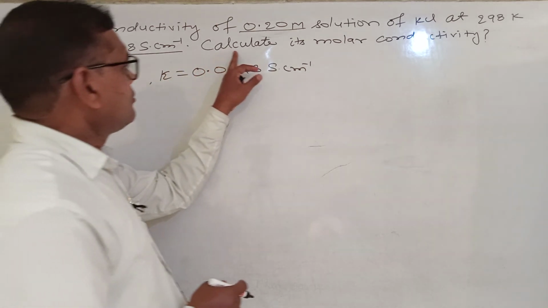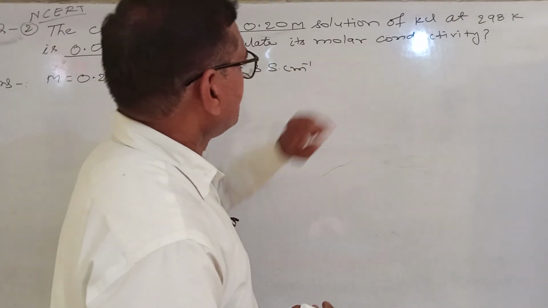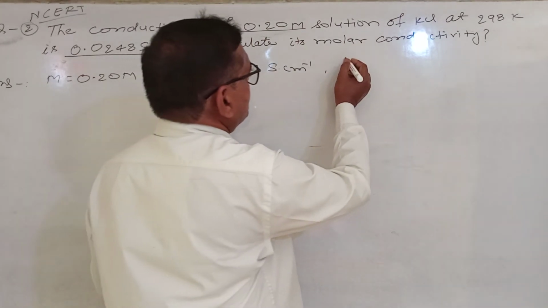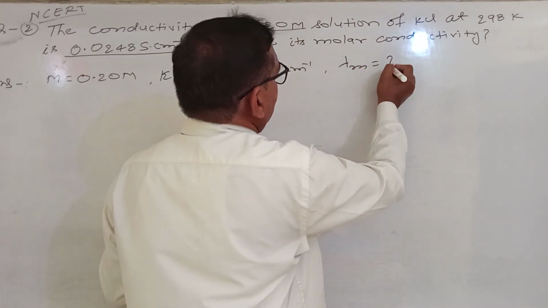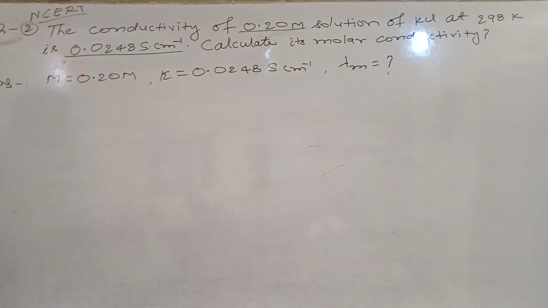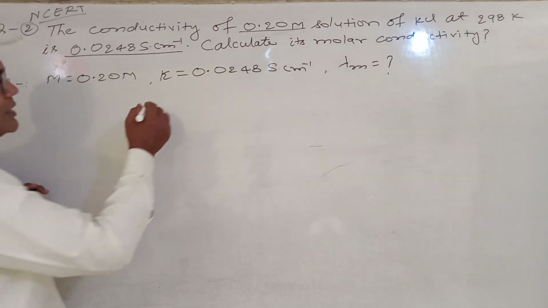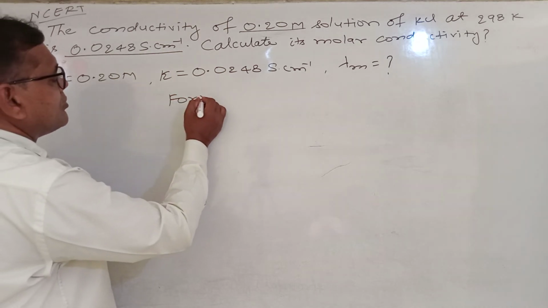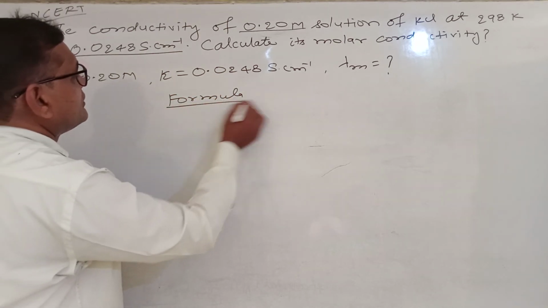Next, calculate its molar conductivity. Lambda m indicates the molar conductivity of the solution. This question is very easy. Here we write the formula.